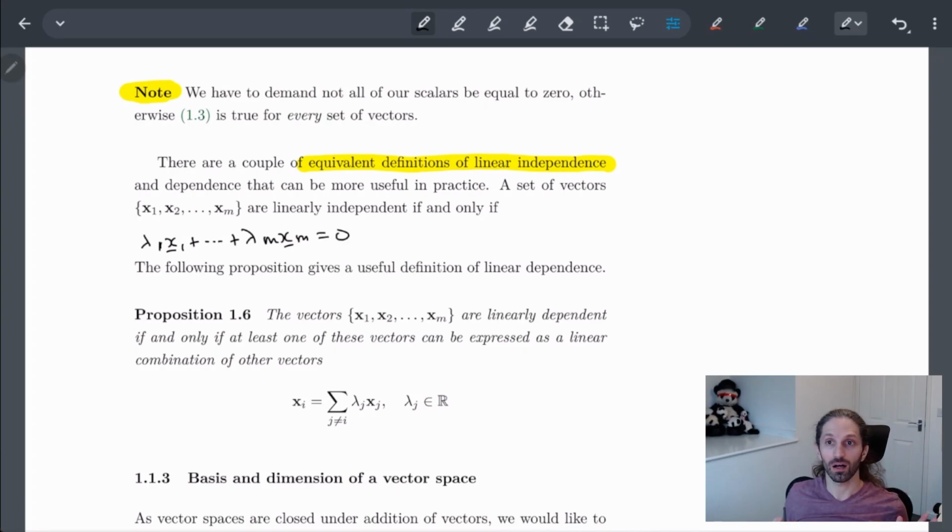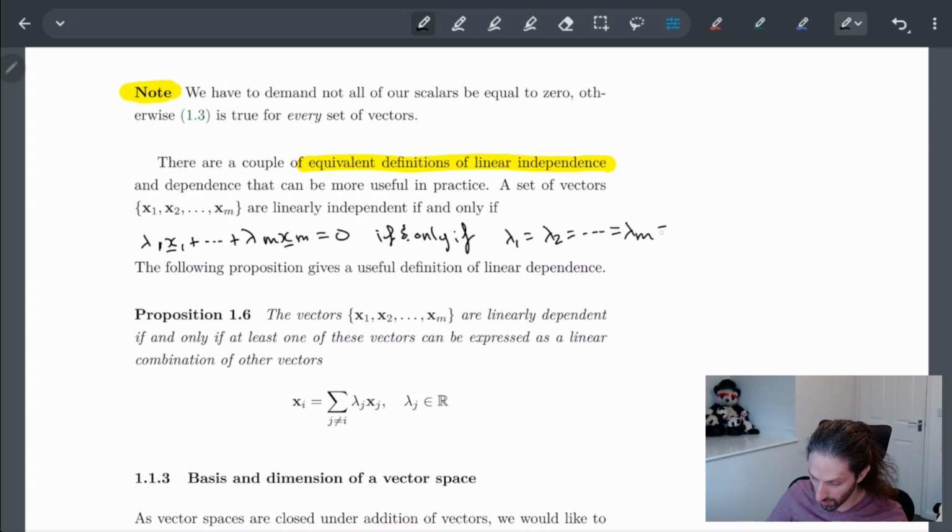Now we know this is true if and only if lambda 1 equals lambda 2 equals lambda m equals 0. In other words, we can set everything equal to 0, and if we can prove that all of the lambdas have to be 0, then we know the vectors are independent.